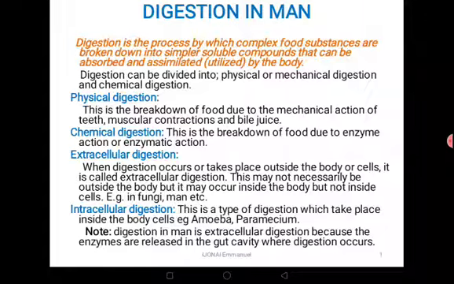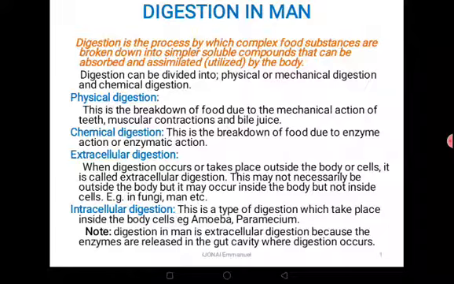That kind of digestion where enzymes or chemicals are involved is called chemical digestion. So based on the format of action, digestion can be divided into two. We have physical digestion that involves physical processes, and then we have chemical digestion that involves action of enzymes.